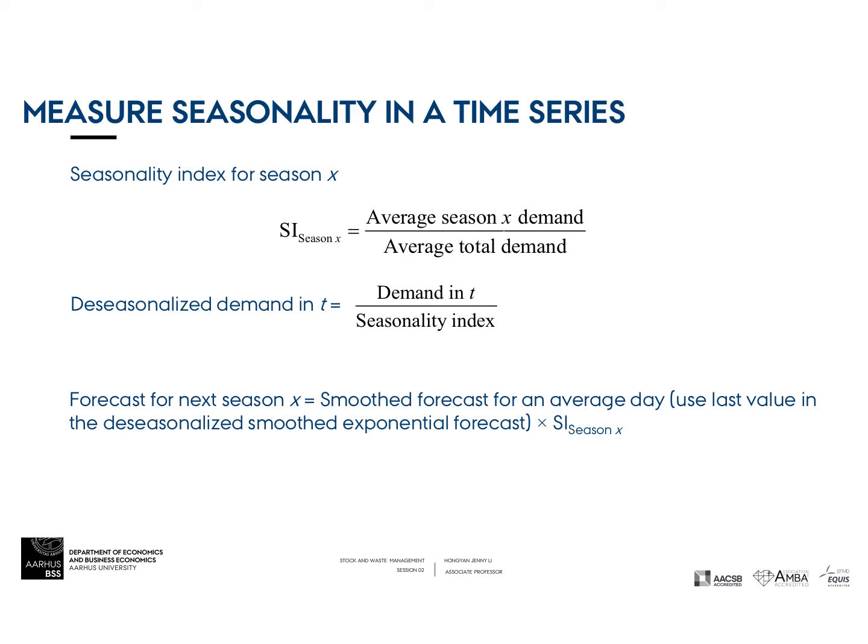So if your seasonality index is less than 1, you have a greater deseasonalized demand, and if your seasonality index is greater than 1, you will have a smaller deseasonalized demand.